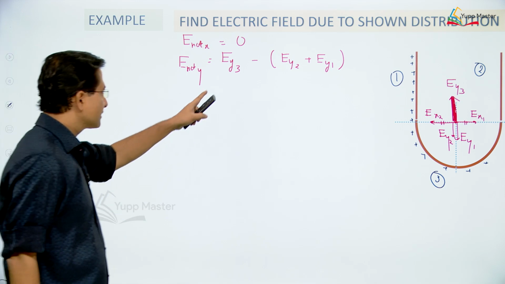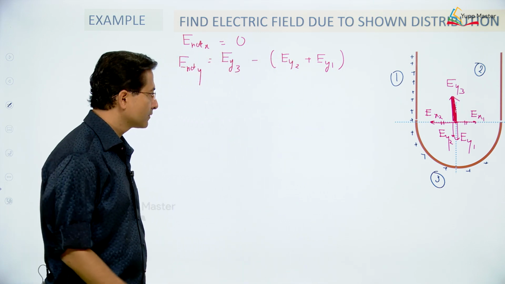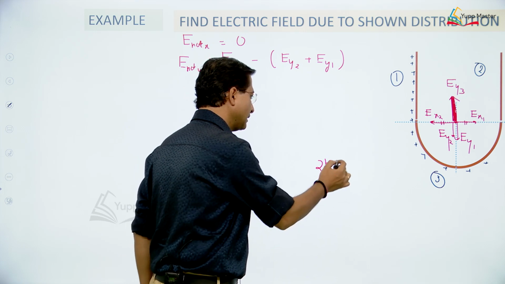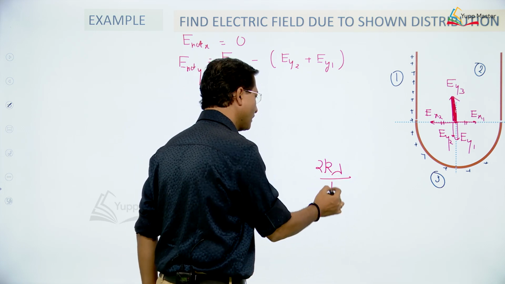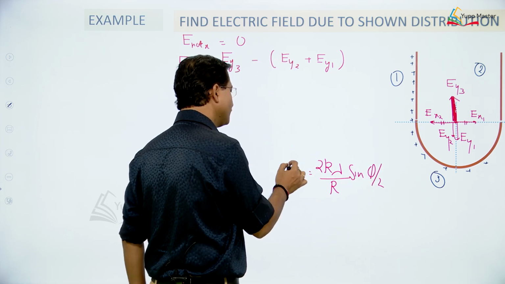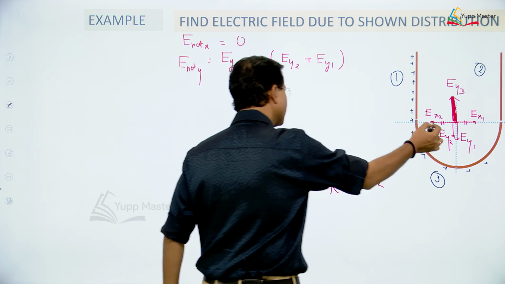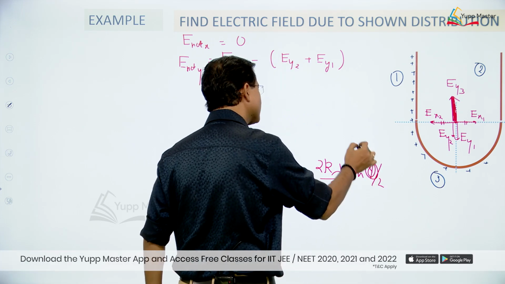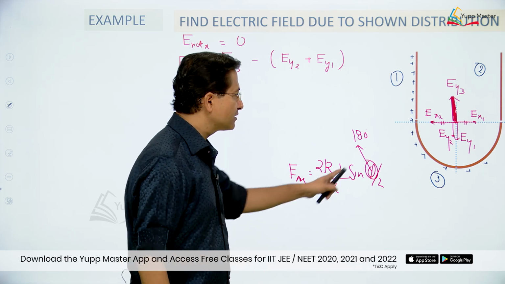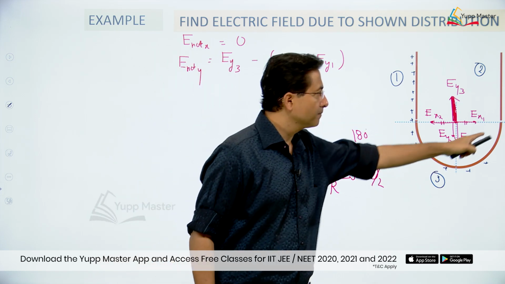So, net field in the y direction due to the third segment, formula 2 k lambda divided by r sin phi by 2, right, that was the field due to the arc. Now, here phi is the angle subtended, 180 degree, so phi by 2 is 90 degree, sin 90 is equal to 1. So, this much is the field produced by the third segment.